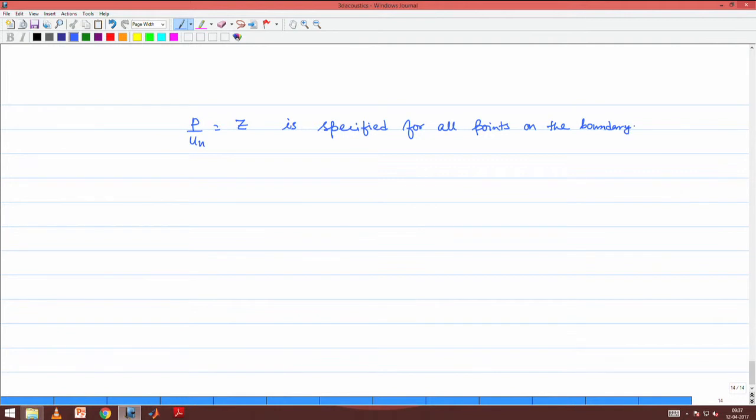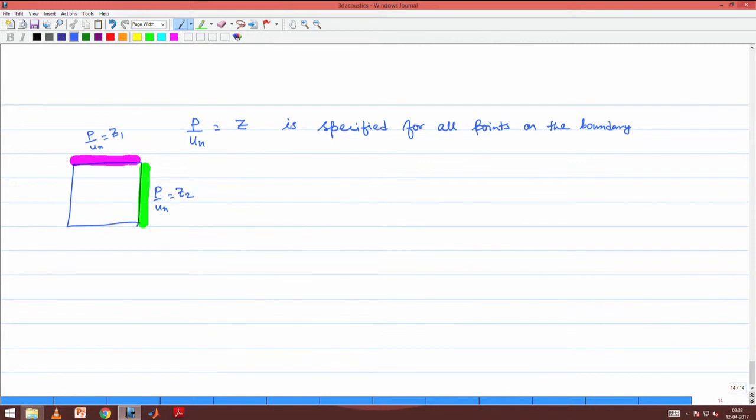Okay. So, it is not necessary that on the boundary every point must have the same value of P by u n. It may be possible that this portion of the boundary has a value of P by u n equal to z 1, and in some other portions of the boundary you may have P by u n to be some other quantity z 2, depending upon the absorbing layer that has been put in the different regions, or in the worst case one of them could be completely rigid.